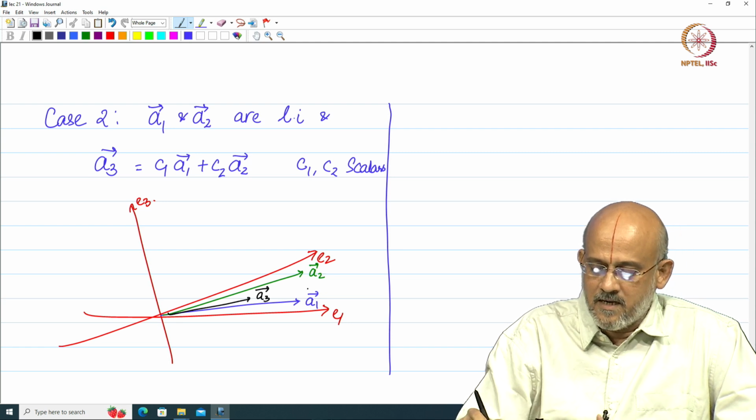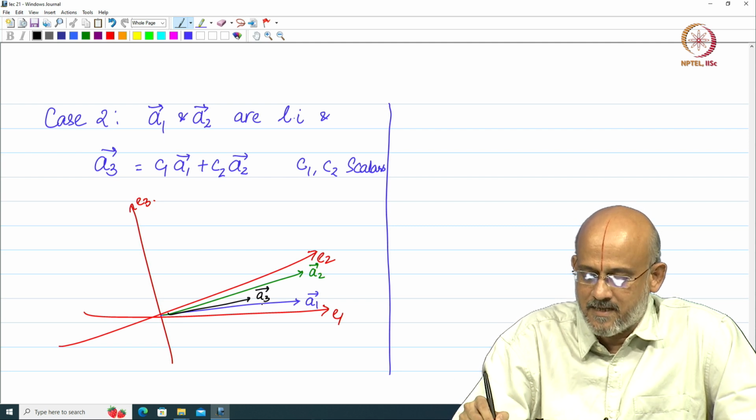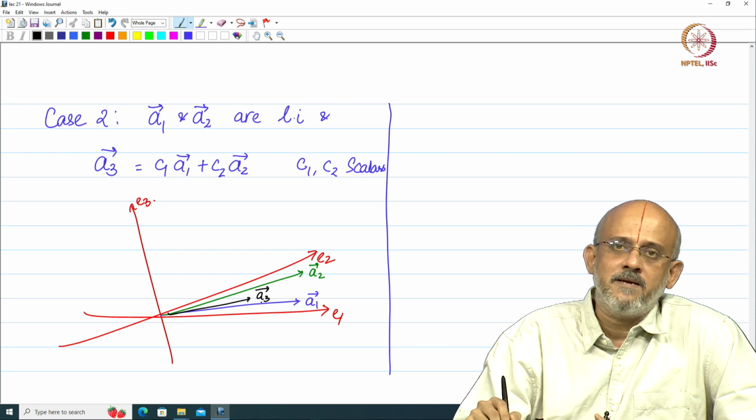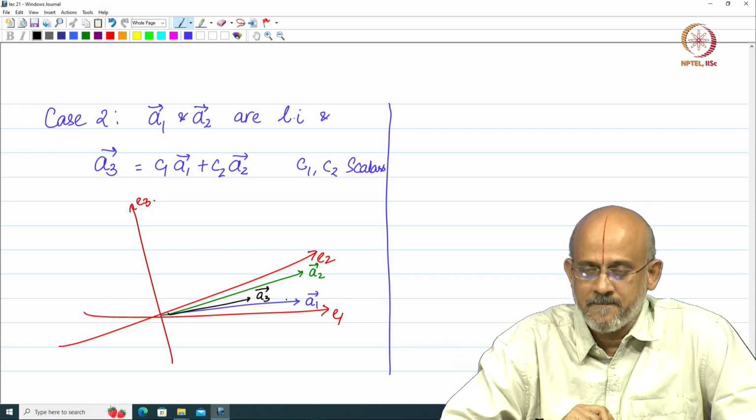Since A1 and A2 are linearly independent, and A3 can be expressed as a linear combination of A1 and A2, therefore A3 also lies in that plane.